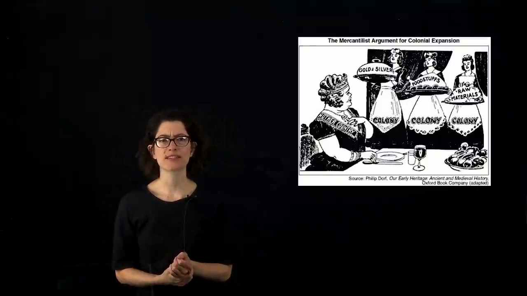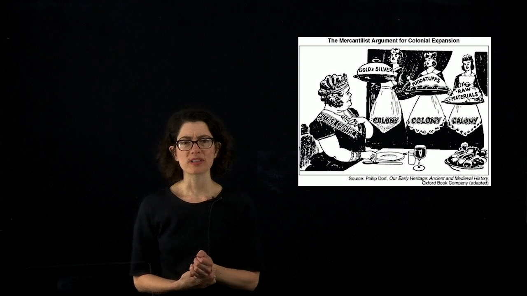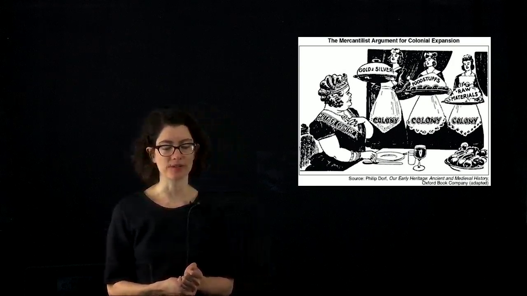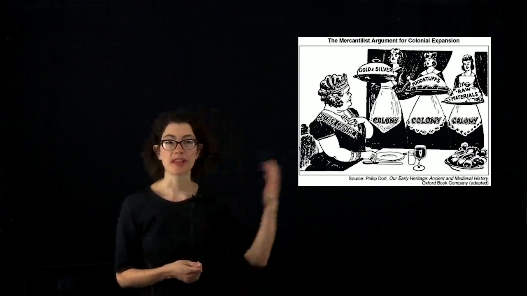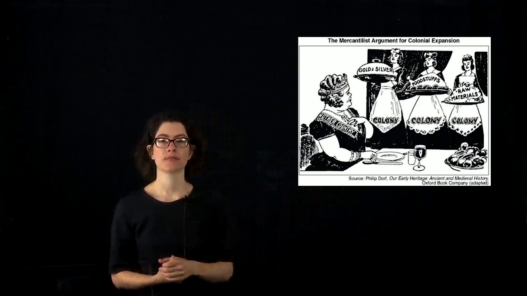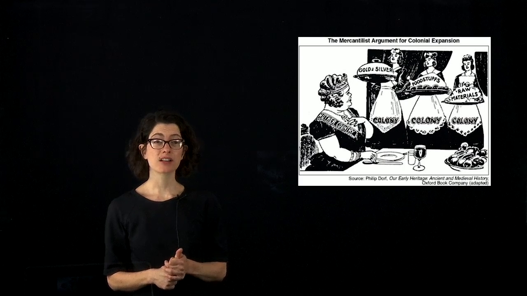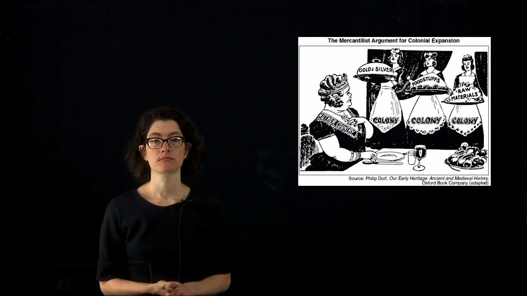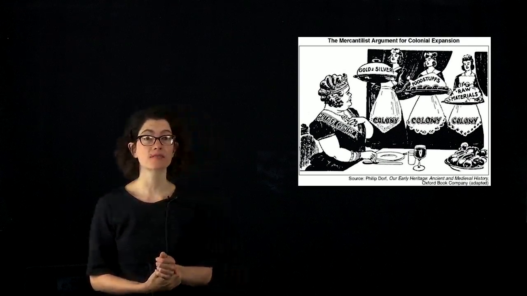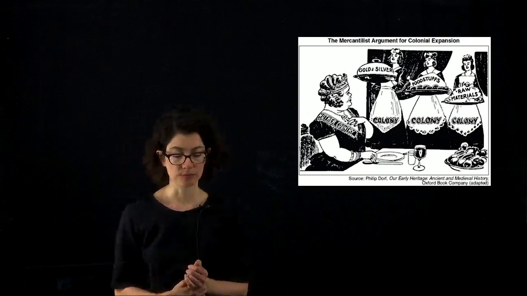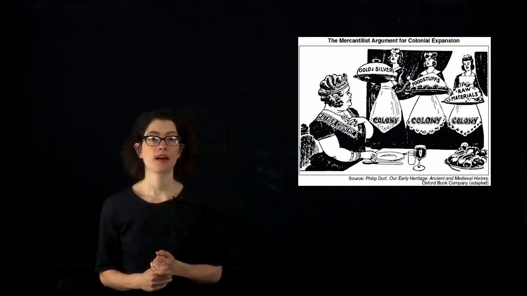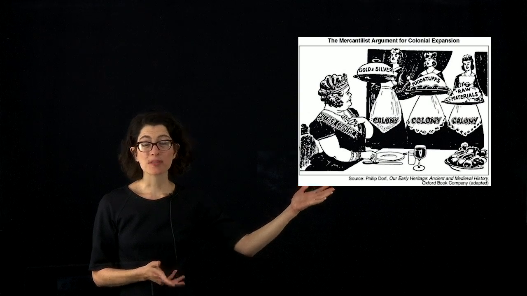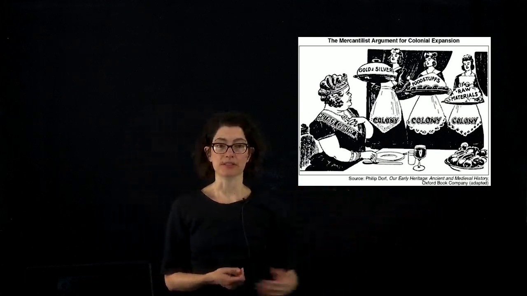This cartoon illustrates the basic dynamic, which is that colonies supplied raw materials for industrializing powers. They supplied gold and silver, particularly in the original colonies of South America, but more importantly, foodstuffs: cocoa, tea, coffee, sugar, and many other products, fruits such as bananas, and most importantly, raw materials.